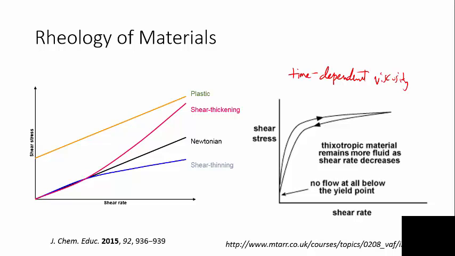In this particular case, when it's more fluid, that's called a thixotropic material, and we encounter this a lot, right? The more you work, say, silly putty, the looser it becomes. The opposite would be anti-thixotropic.